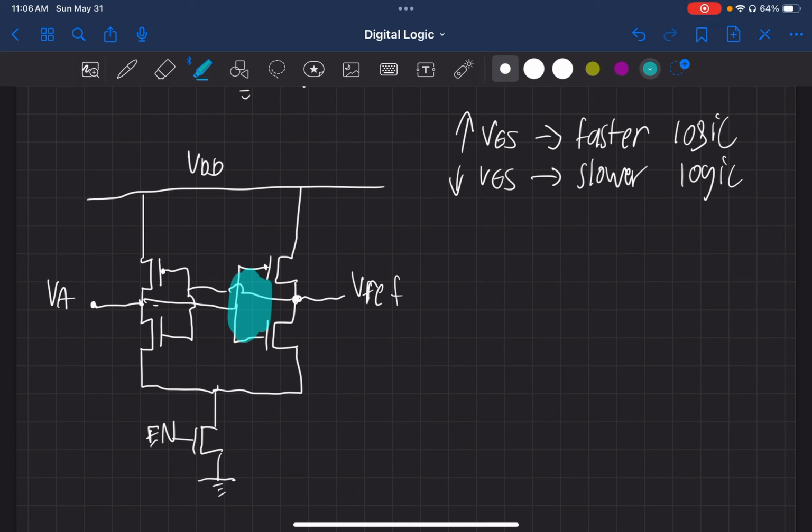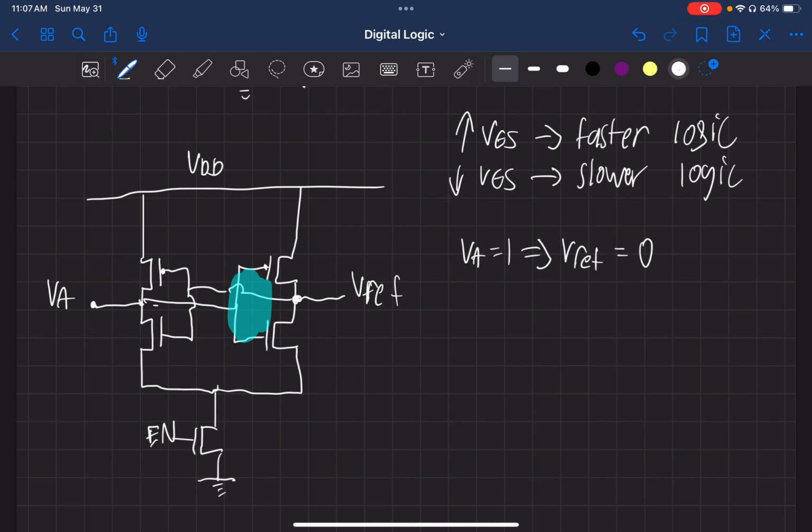That's going to drive the output of the inverter faster than VREF pushing VA's inverter, right? So this is kind of the sequence: VA, if it's a one, just assume it's a one, is going to drive the output, so VREF, to be zero, right?